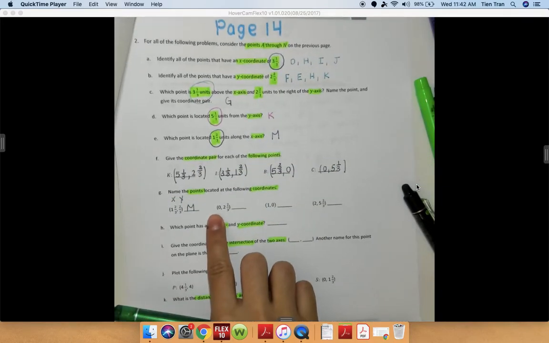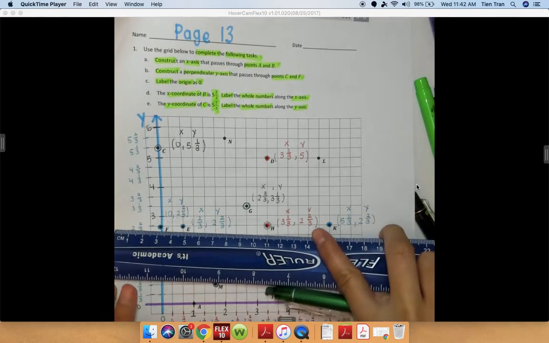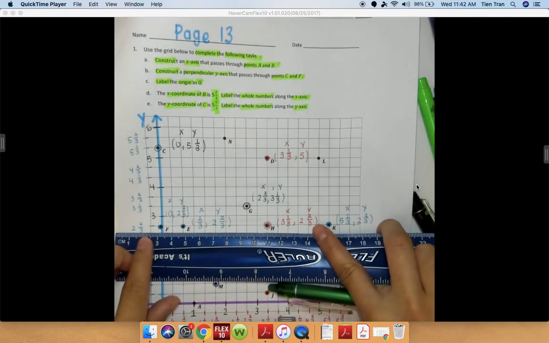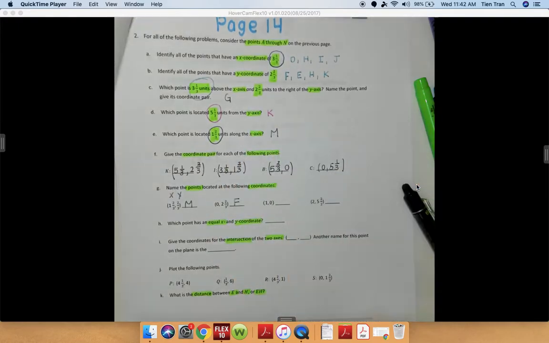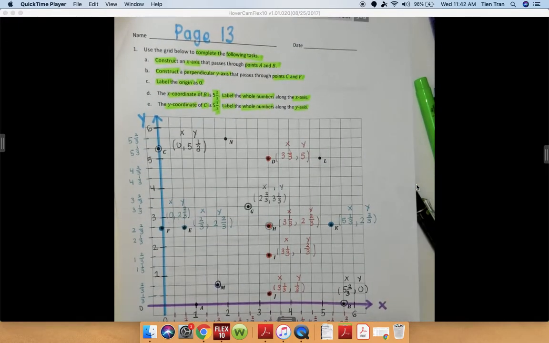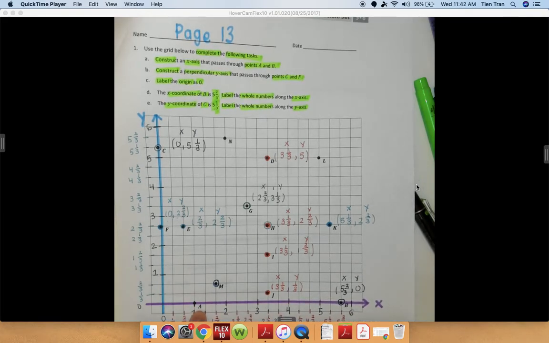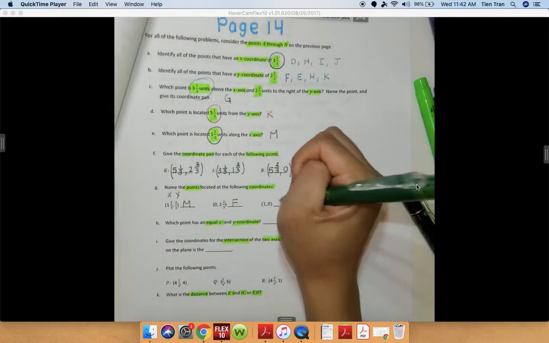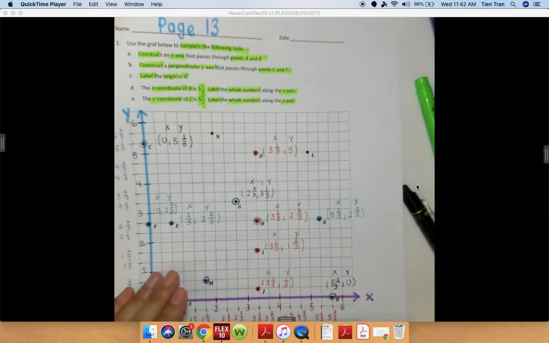For the next one, we have 0 and 2 2/3. So 0 means that it doesn't move over. So it just moves up to 2 2/3. And if you notice right here, 2 2/3 is at F. So I'm going to write the letter F. Next, I have 1, 0. So X on the line is going to be 1 and then 0. So it looks like we have it right here, which is coordinate A. Next one, we have 2 and 5 2/3.